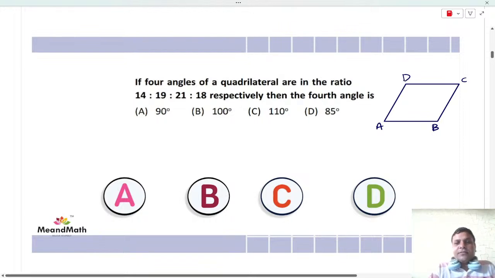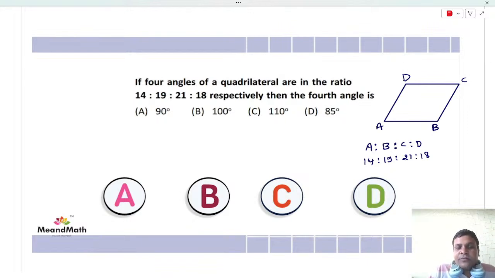So the ratio is given as A, B, C, and D, which is 14, 19, 21, 18. So what will be the exact value of the angles? And the fourth angle is 90 degree, 100 degree, 110 degree, or 85 degree.